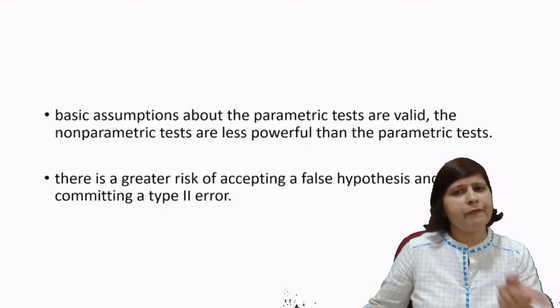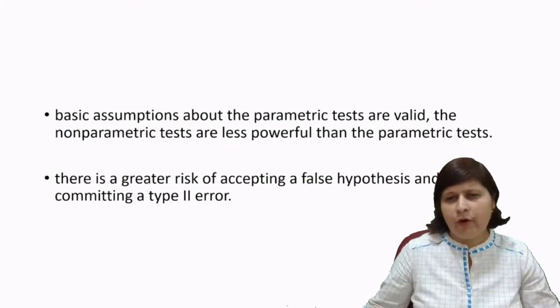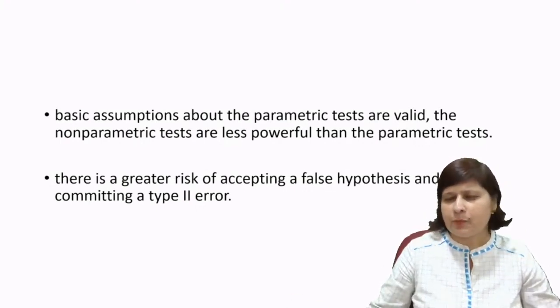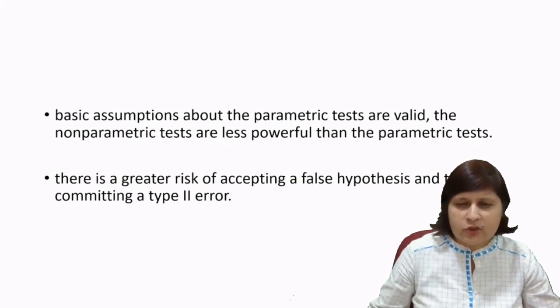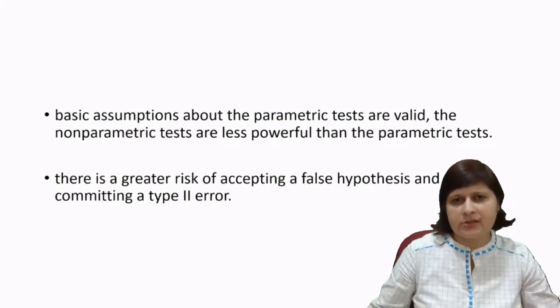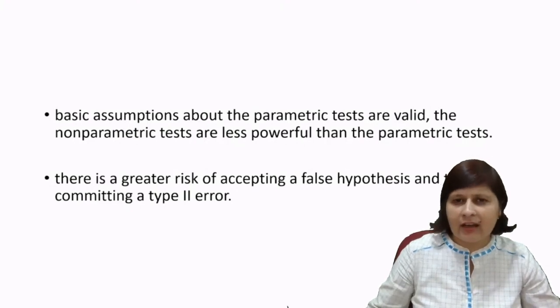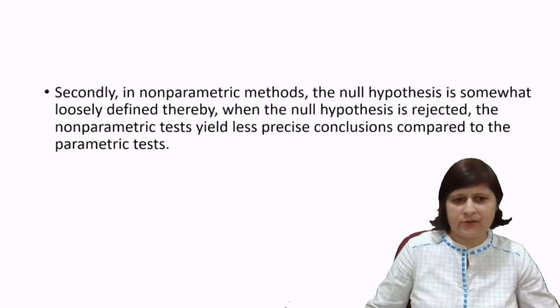We discussed type 1 error and type 2 error, false positive and false negative. So there are chances of type 2 error, that is, accepting the false hypothesis. When the hypothesis is not correct, again you are accepting the hypothesis.